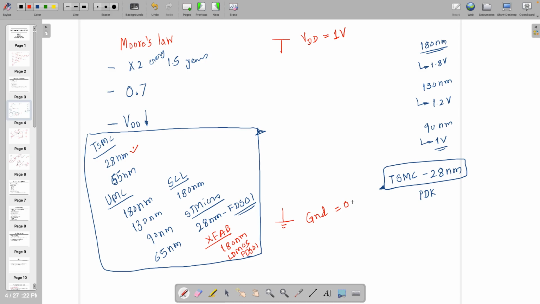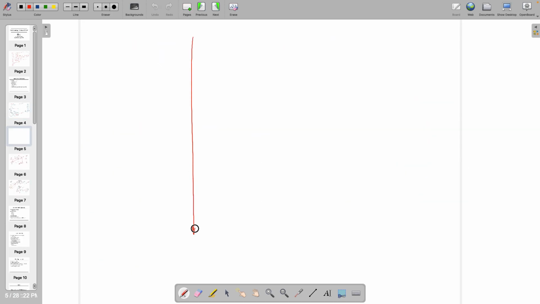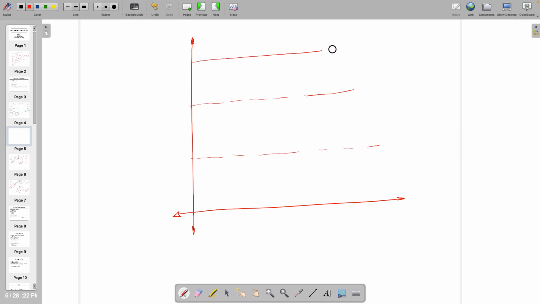Noise margin, yeah, that's the thing, right? So here the logic 0 and logic 1. The good part of digital is you can always have a margin for logic 0 and logic 1. So if this is logic 1, this is logic 0.